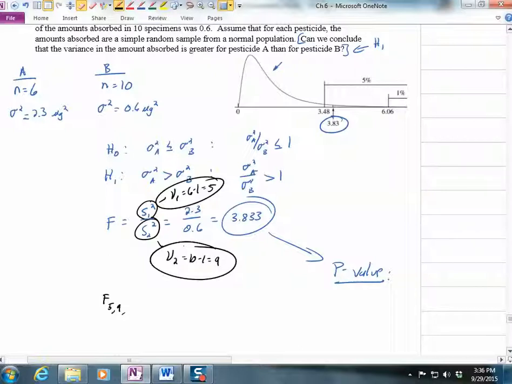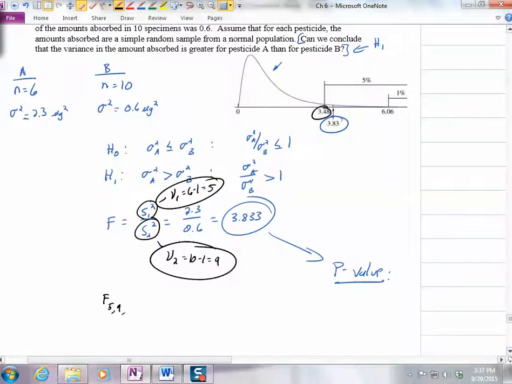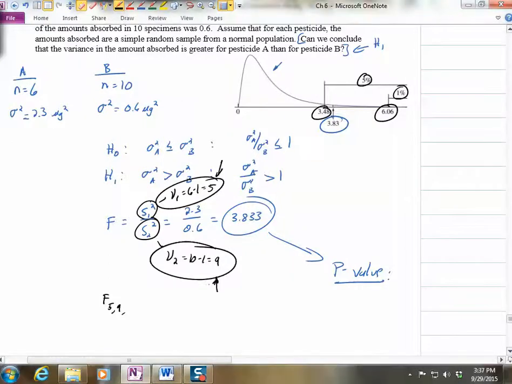So that's the F value that corresponds to that 0.05 row with 5 degrees of freedom in the numerator and 9 in the denominator. So be sure you can locate it. These numbers are in the body of the table. These are various rows associated with the top degrees of freedom and the column degrees of freedom.